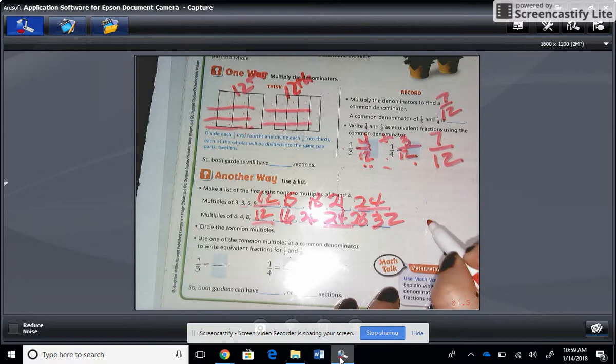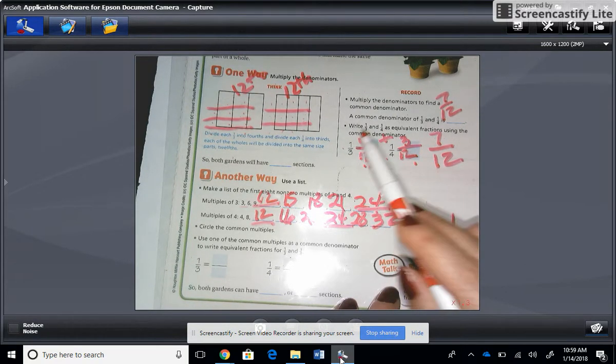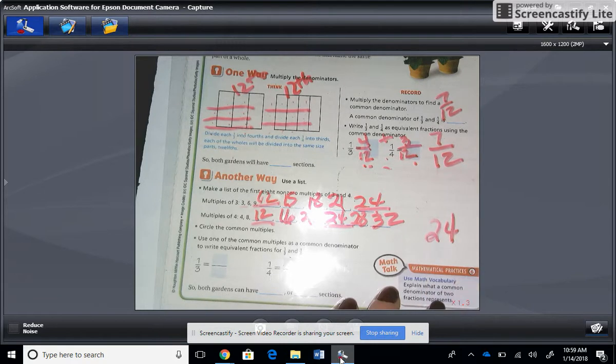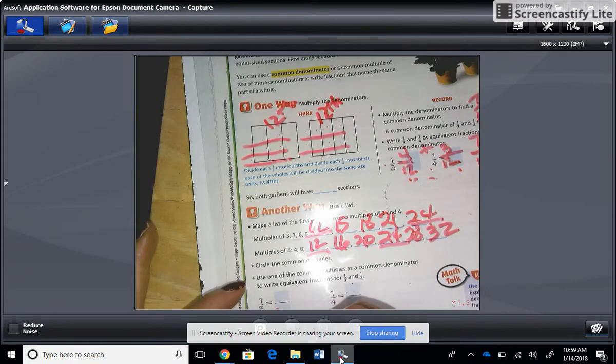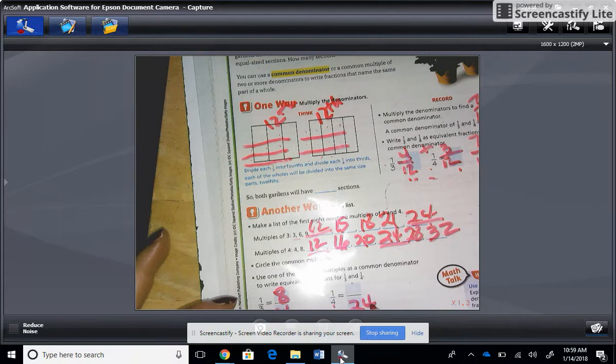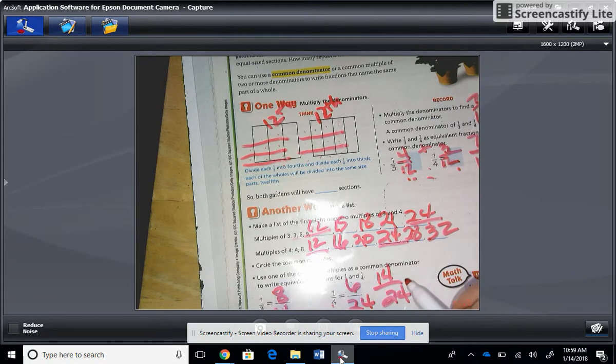Because if I would have done 24 down here, my number would have changed up here. So let me just show you the difference. If I would have said 24 here, 3 times what gets me 24? 8. Here I would have done 4 times 6. Then I have 14 24ths. I have to simplify.